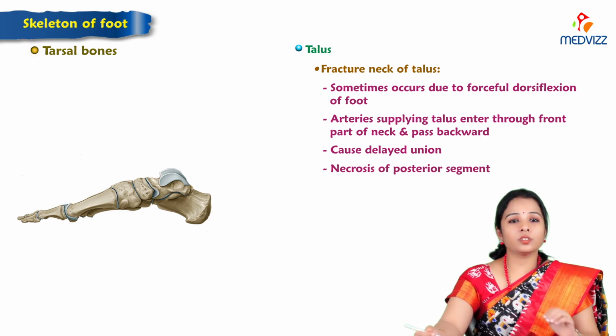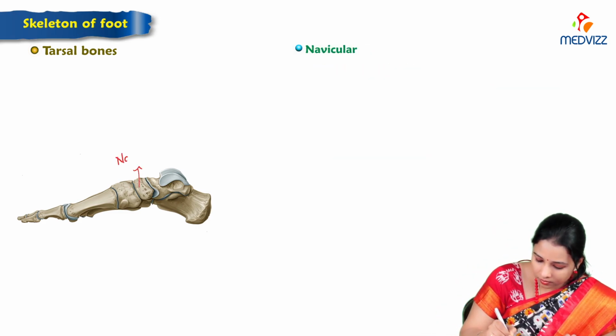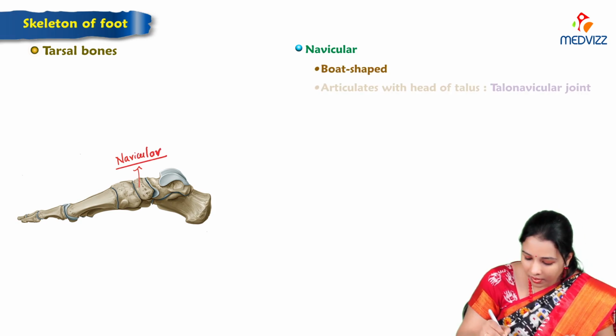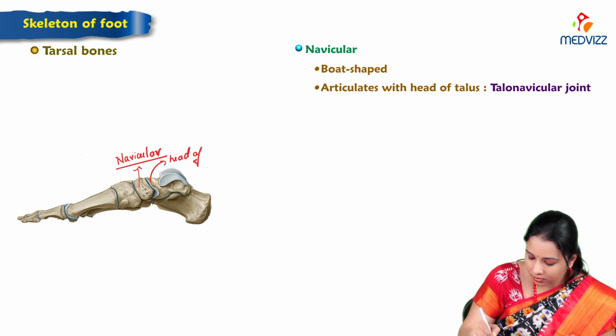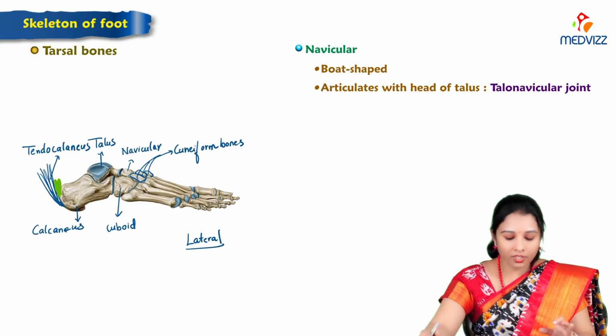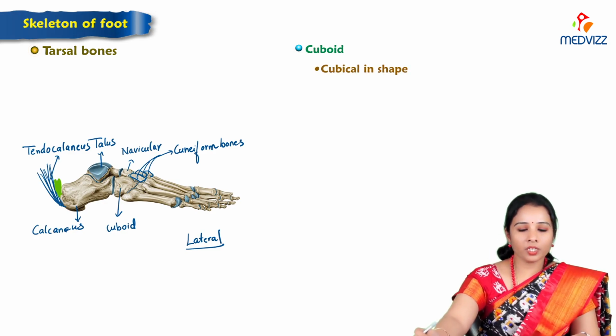The next bone is the boat-shaped bone, which is called as navicular. Navicular means boat-like, where it articulates with the head of talus to form talonavicular joint. So in lateral aspect, we can see the cuboid. Cuboid is cubical in shape.